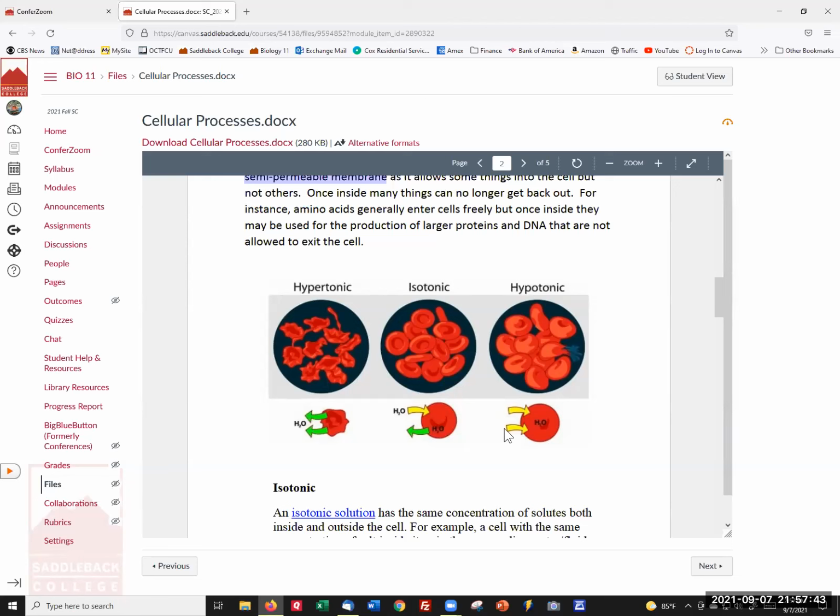You could wait, if nature would, for the solute to move and redistribute itself and reach equilibrium, but that takes forever. Water moves immediately, and the water will move in a hypotonic situation into the cell. And in most cases, with the red blood cell, literally blow it up and burst it. That's called hemolysis. Hemolysis.